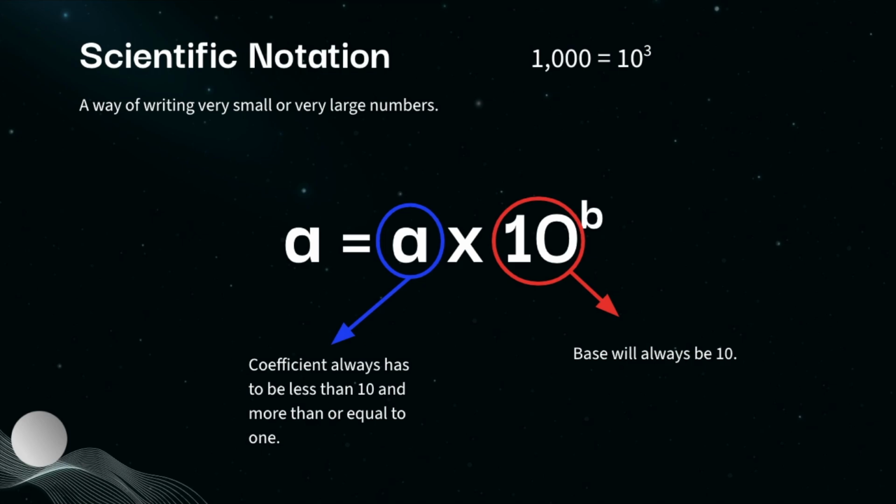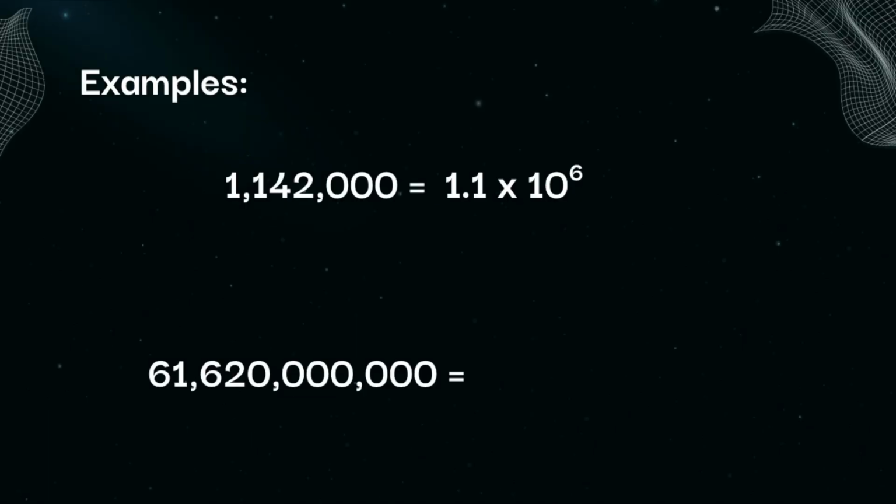Now imagine we erase this one and turn it into 2,000. Now it would be 2 times 10 to the 3. So hopefully now you get an idea of how it works, but we're going to see some examples so you can understand it better.